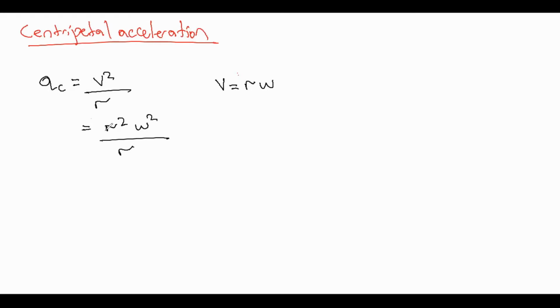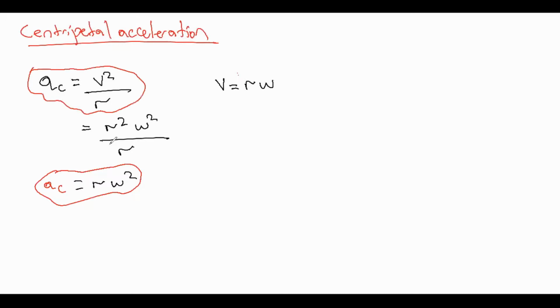Now you can see that there's an r here and an r here, so I can simplify this and I'm going to get this. And what we've just done is derived the second formula for centripetal acceleration. So now you know that if you ever have a question on centripetal acceleration, you have two ways to find it. So we can write it down here.